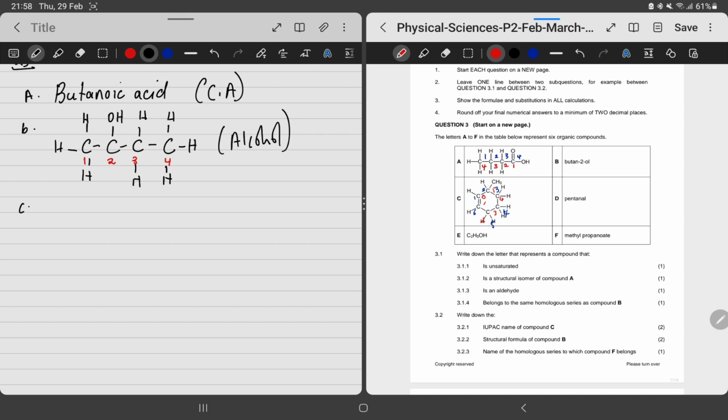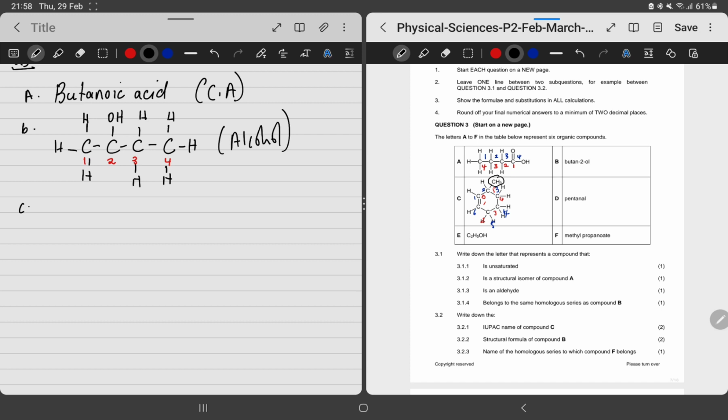Okay, so I want you to take note of this side group. It is a side group because you can see that all the other carbons are bonded to hydrogens only, except for that carbon there. So it is a side group.